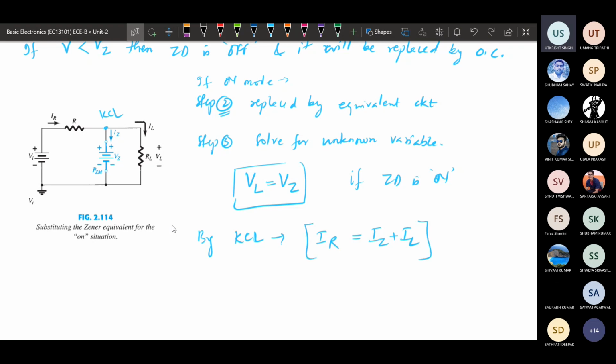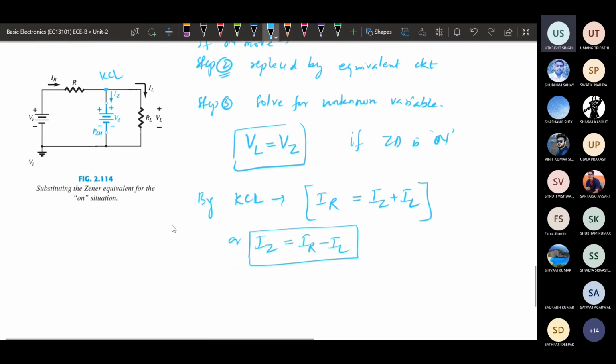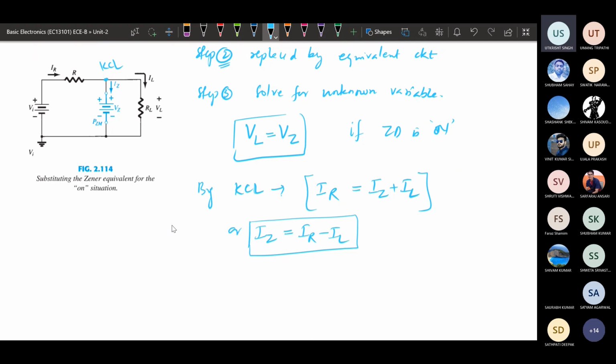Or if we need to find out IZ, then IZ will be equal to IR minus IL. Once we know the VL value, we can get the IL.